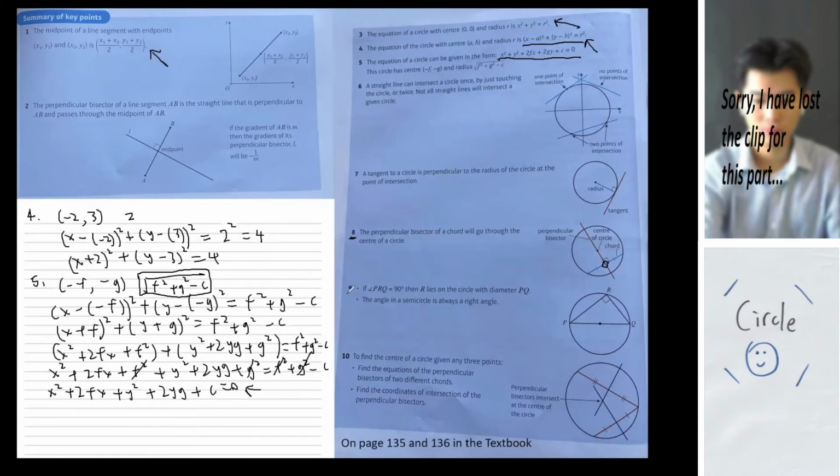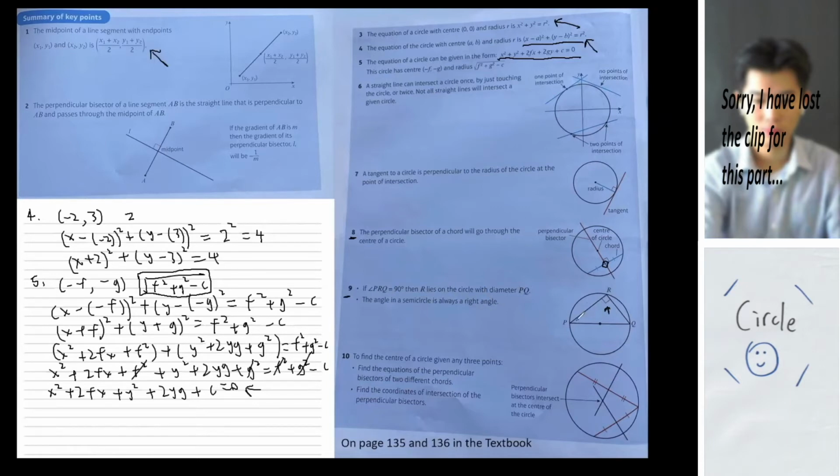And for part 9, if the angle PRQ, which is here, is 90 degrees, then R lies on the circle with diameter PQ. PQ would be here, which is the diameter, and the angle in a semicircle is always a right angle.